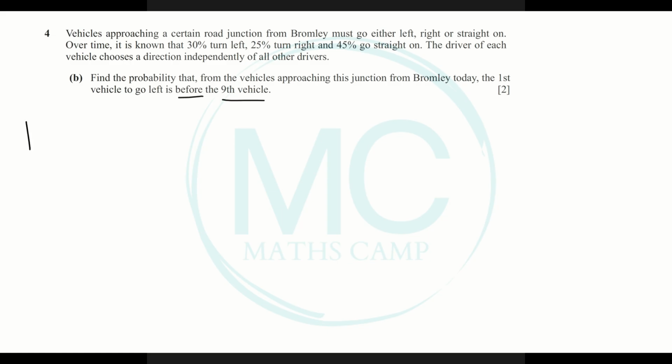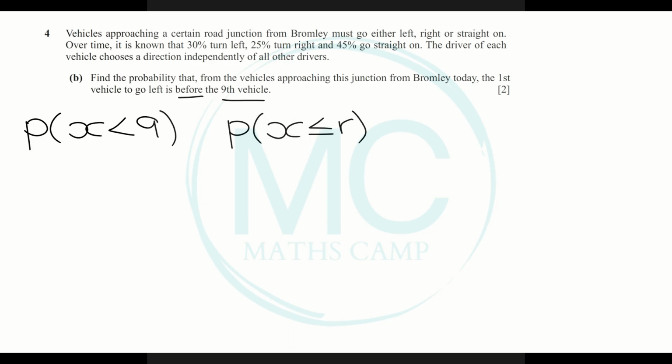So I can say the probability that X is smaller than 9. When working with geometric distribution for something smaller than or before, we can use the formula P, probability that X is smaller than or equal to R, which is equal to 1 minus Q with an exponent of R. But please be careful here.